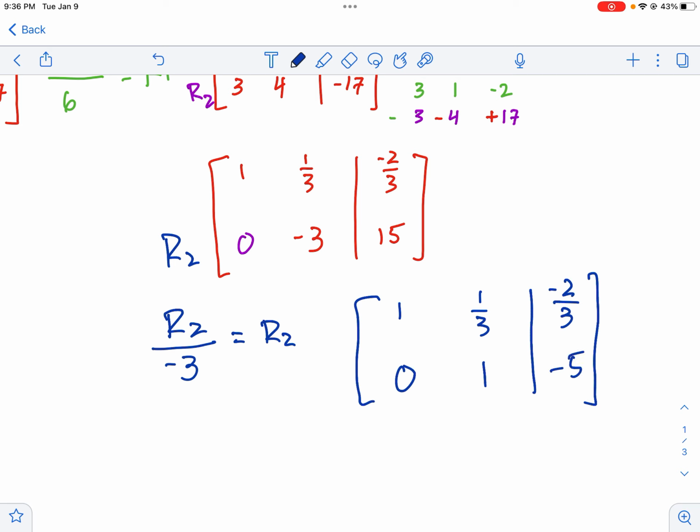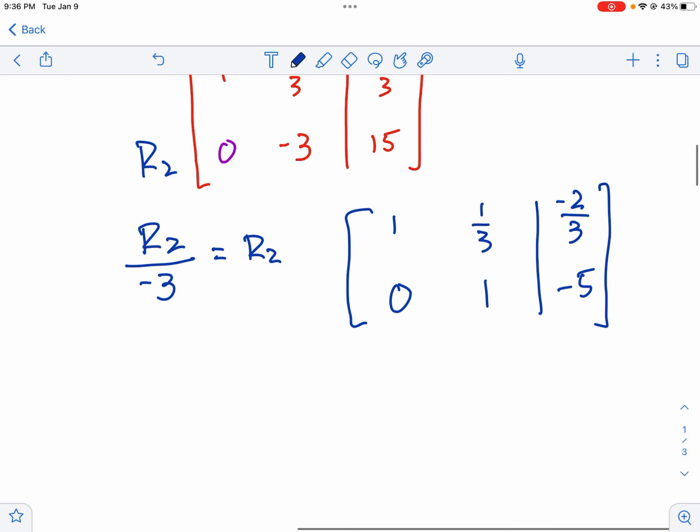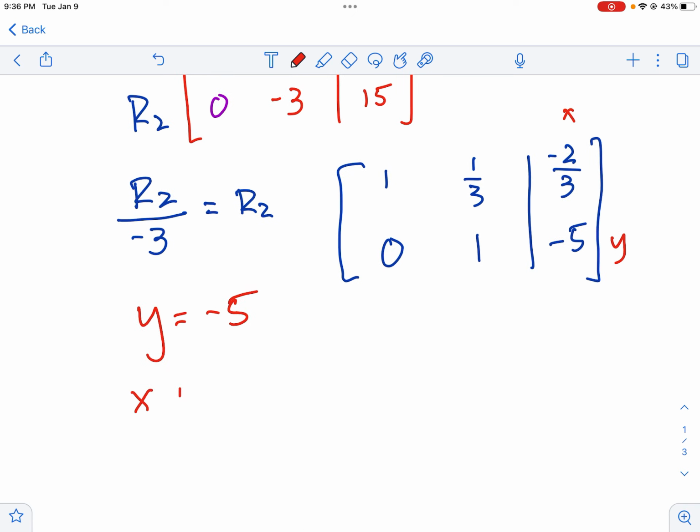So you're thinking, okay, what does that mean? Earlier I said that this one is x, this one is y. So what that tells us is that y is equal to -5. And x plus 1/3 y is equal to -2/3.